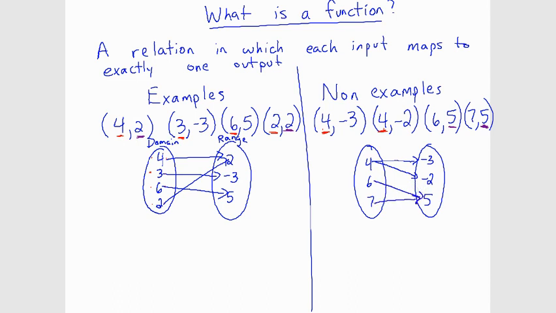Is each input getting mapped to exactly one output? Well, here's this 4 with two different arrows coming off of it. That means it gets mapped to two different values. Again, the 2 here having two arrows coming towards it doesn't affect our answer, and neither does the 5 here. The question is: does each input have one arrow coming off of it?